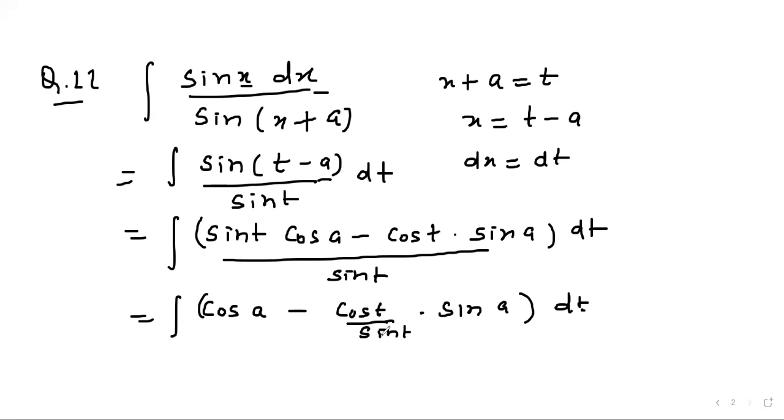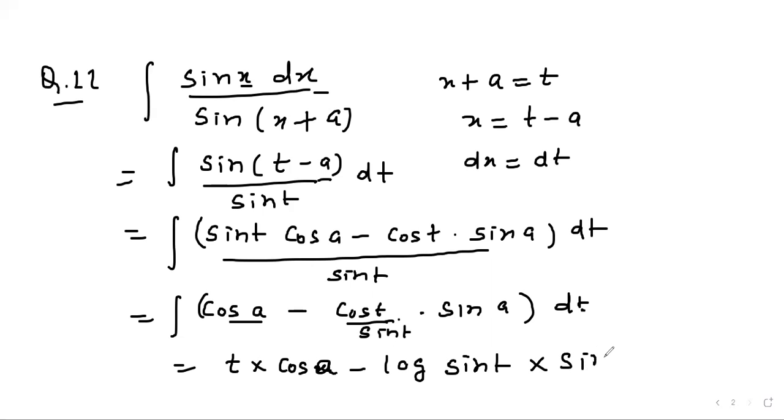Here, if you remember, this is cot t, and integration of cot t equal to log sine t. And this cos a is constant, so it will give t times cos a minus log sine t times sine a plus c. So this will be our answer.